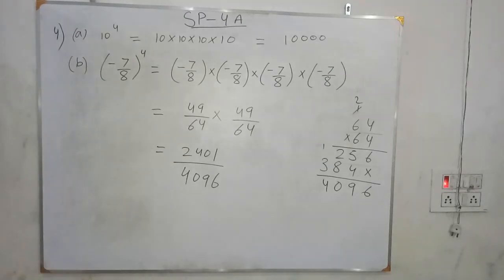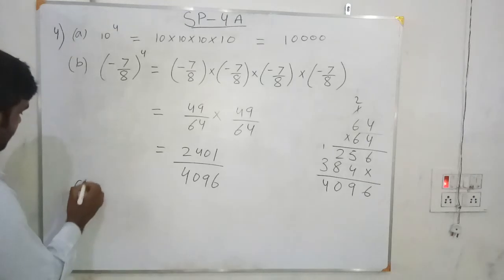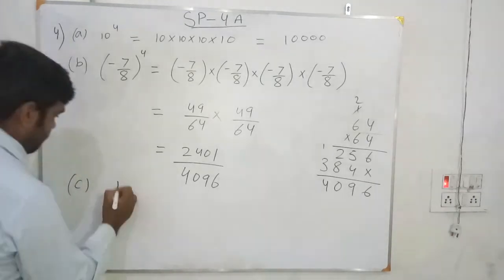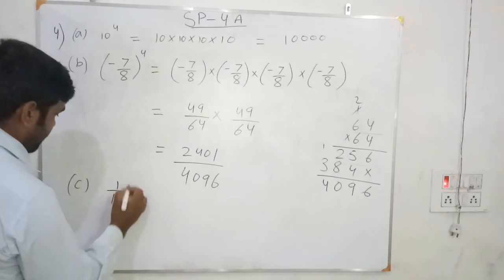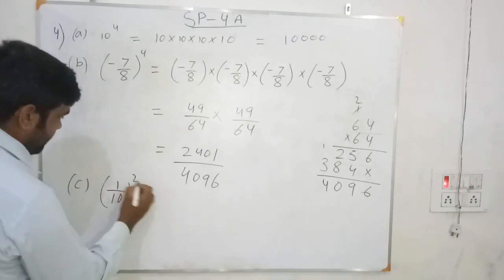Now we move to question number C. In question C we have (1 by 10) squared.